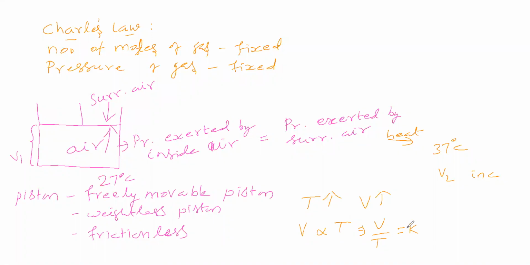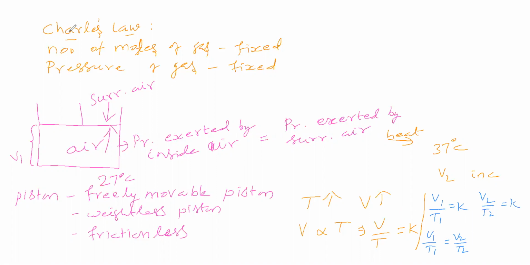Instead of proportionality, we will write the constant K. So V by T is equal to K. Now we substitute this volume, V1, and this temperature, T1, so V1 by T1 is equal to K. Then this volume V2 and this temperature T2, so V2 by T2 is equal to K. Substituting this K here, we get V1 by T1 is equal to V2 by T2.